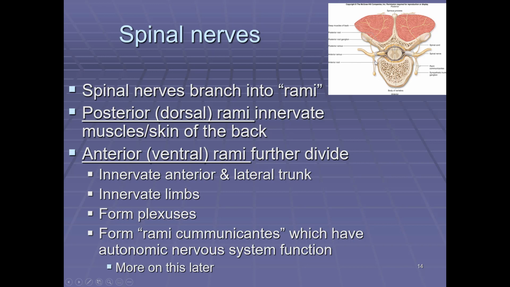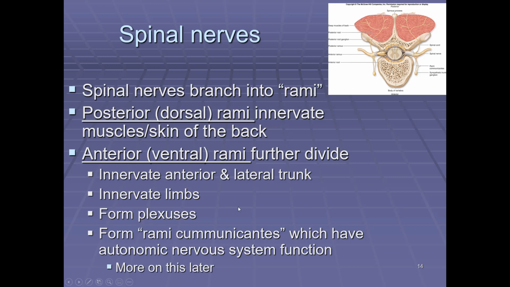It's also going to have these little things coming off of it. These are called rami communicantes. We're going to talk about those later because they have an autonomic nervous system function. But everything other than the posterior ramus falls under the umbrella of the anterior ramus. And the other big thing that we're going to talk about shortly, the anterior rami often form plexuses, nerve plexuses.